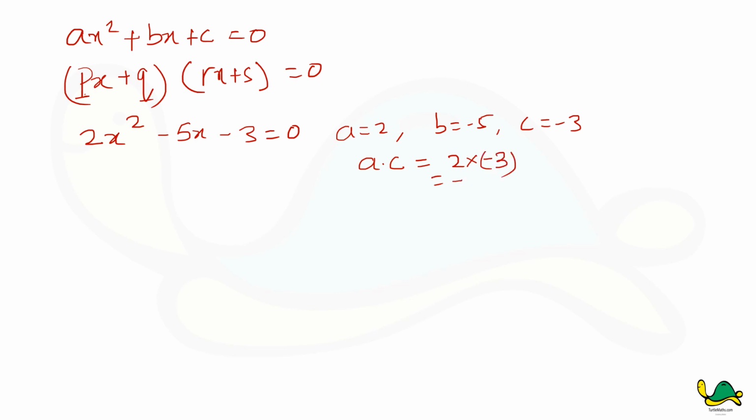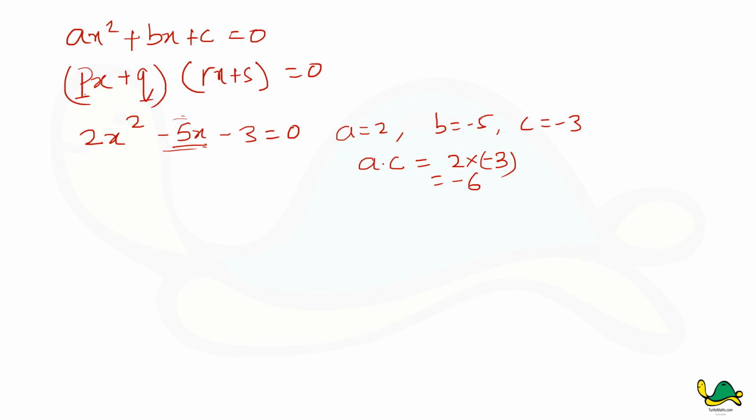Your answer is -6. So you want to write your -5x such that when you multiply the two parts, you get -6, but when you add them back, it equals -5.